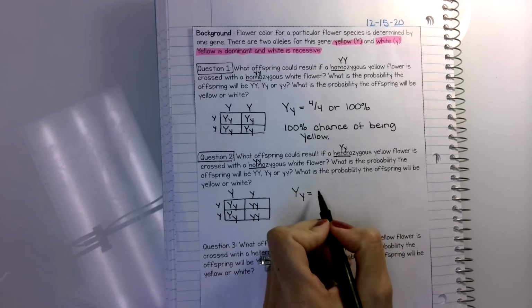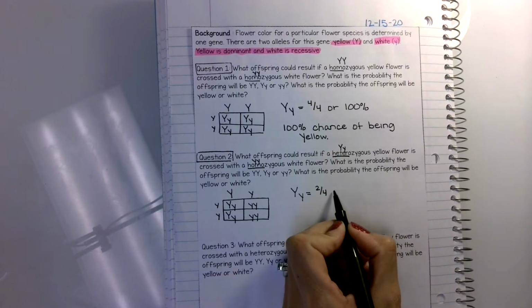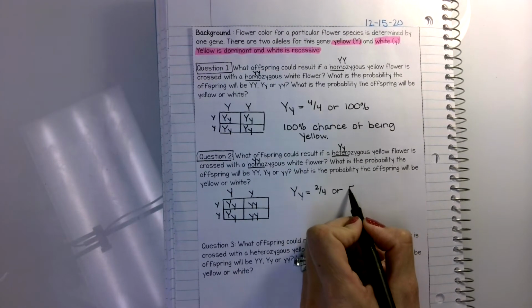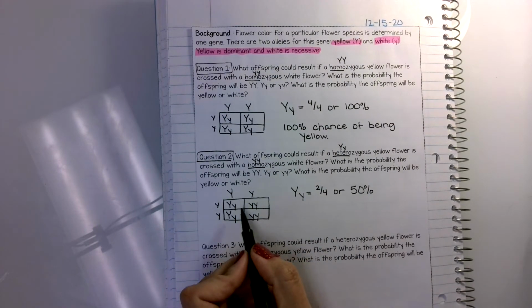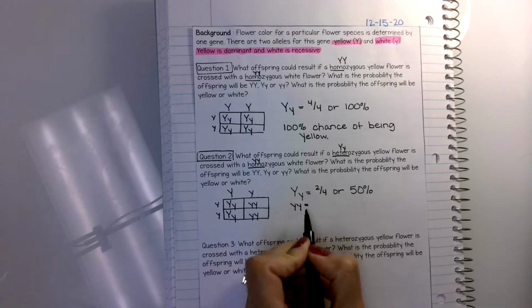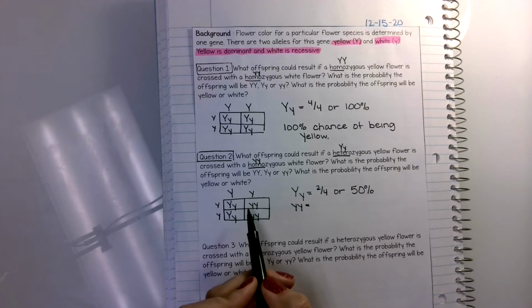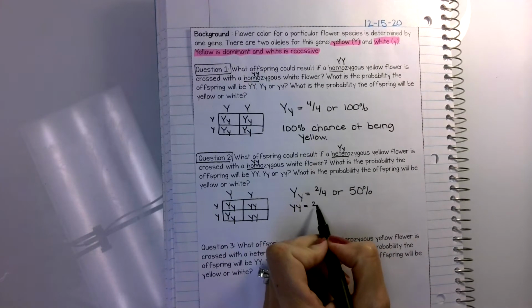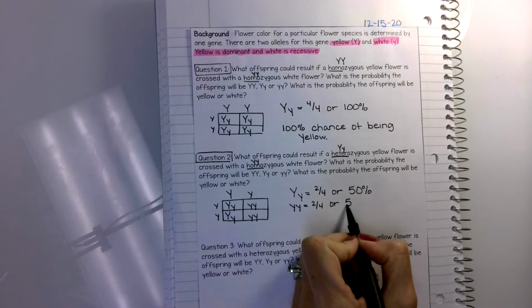There's 2. So it would be 2 out of 4 of the boxes, or 50%, because that's half. Okay, the other one we have is lowercase, lowercase. How many boxes have 2 lowercase or recessive genes? 2 of them do. So 2 out of 4, or 50%.